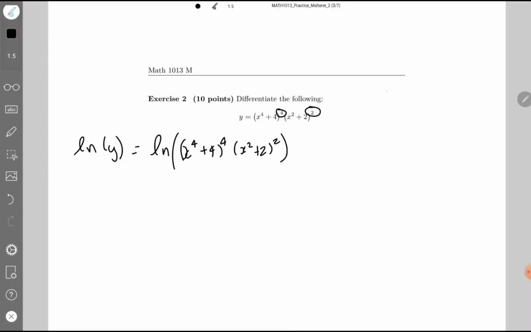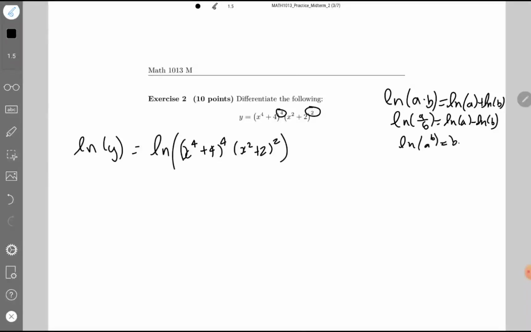Here you're going to want to remember the rules of natural log. If I multiply things together, they're actually added outside. If I divide them, they're subtracted. And if I have an exponent, I can bring it in front. Remember you want to show steps.